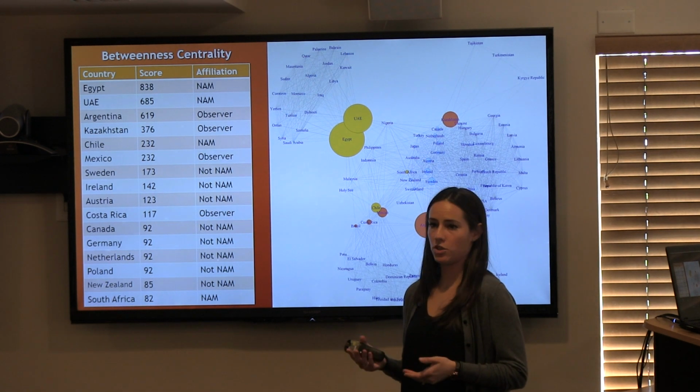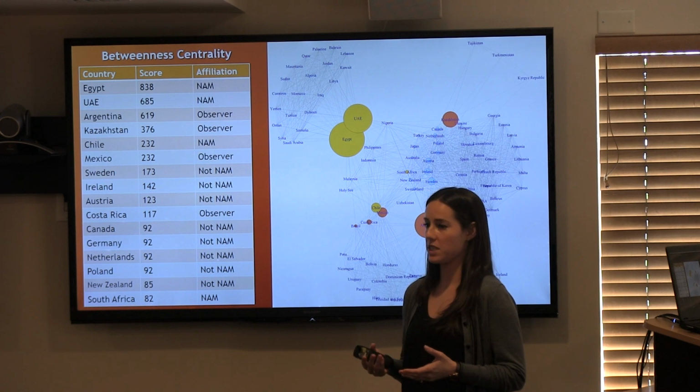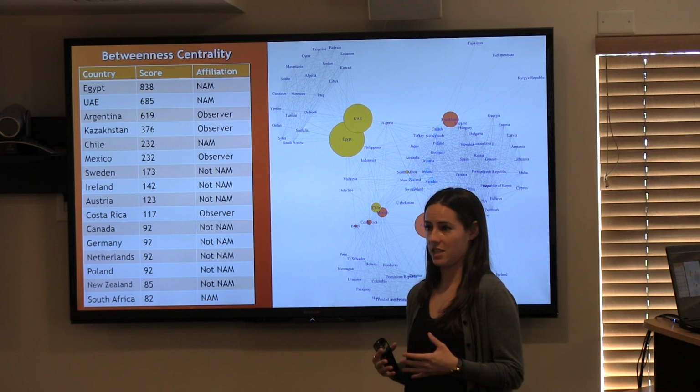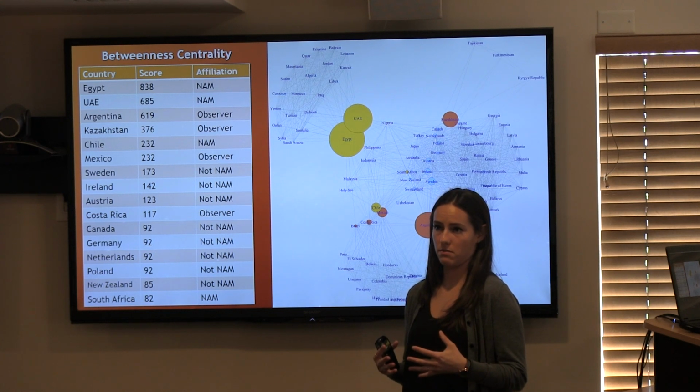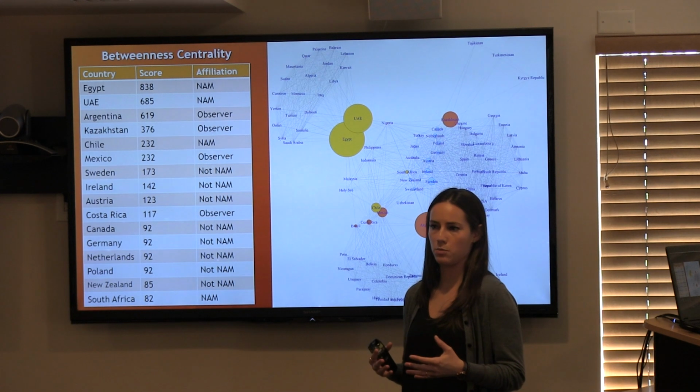For example, Egypt is seen and largely has been seen as a delegation that will block consensus at these conferences if it does not see progress in the areas that it deems important.